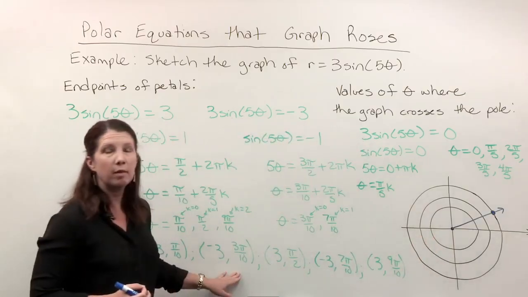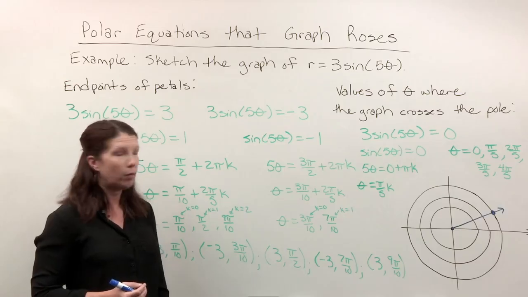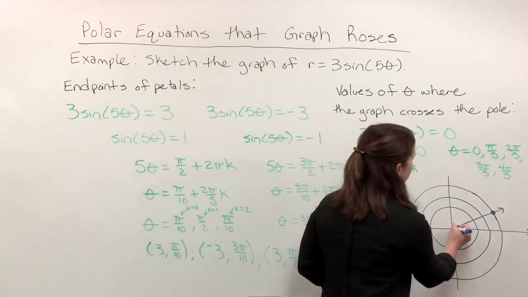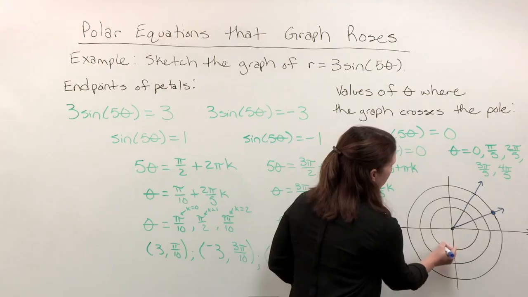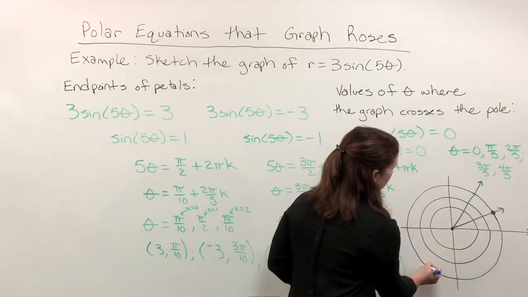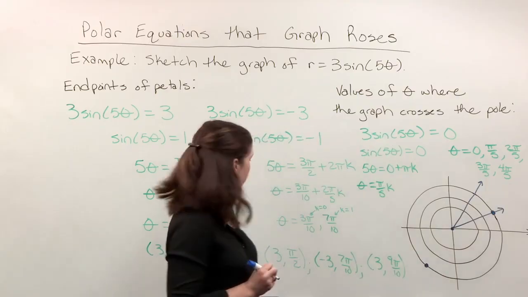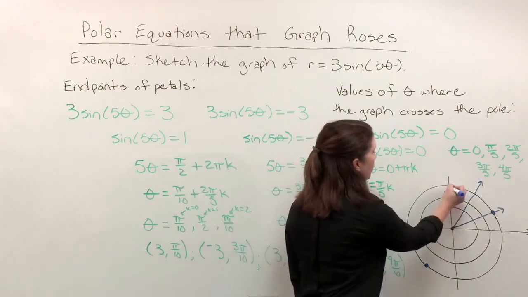So let's plot the endpoints of the other 4 petals. The second one will be at -3, 3 pi over 10. So if 3 pi over 10 is about right there, then -3 means we're moving 3 units in the opposite direction, and there's our second endpoint. The third endpoint will be at 3, pi over 2.